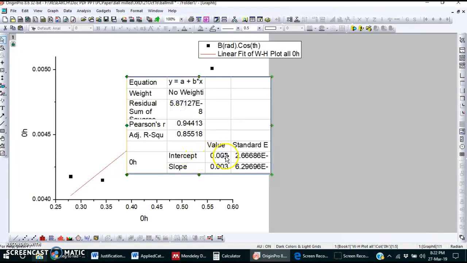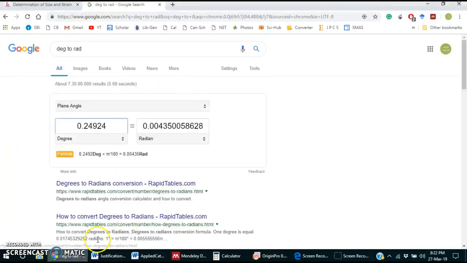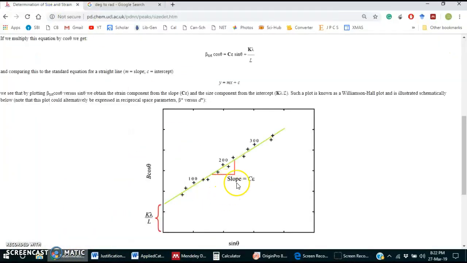This is the intercept value. From here we can calculate crystal size, and this slope will give us the strain value. From the formula you can see this slope will give strain, and this intercept will give crystal size.